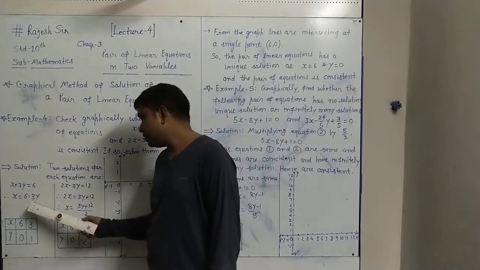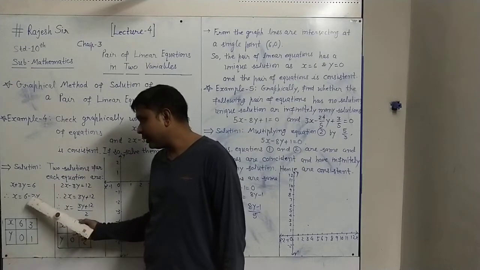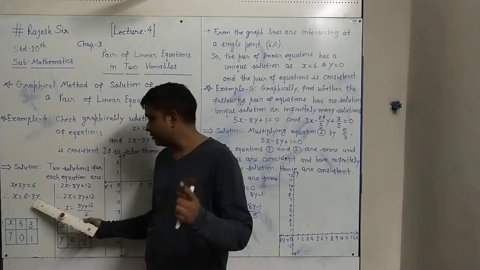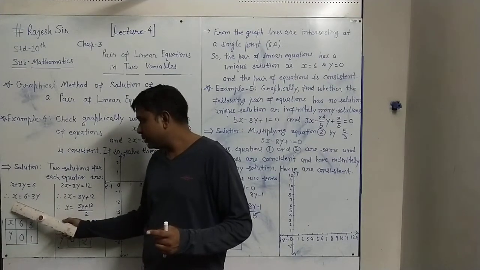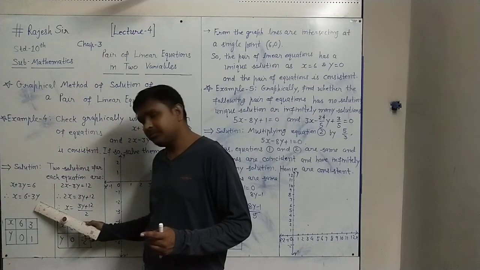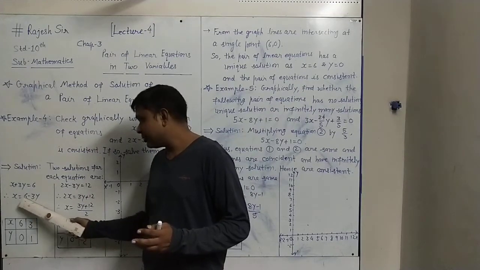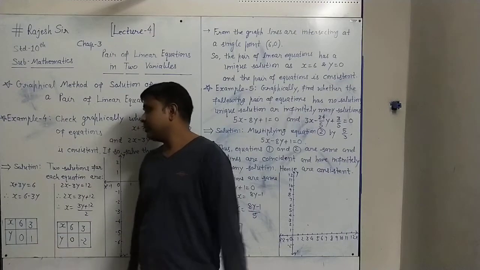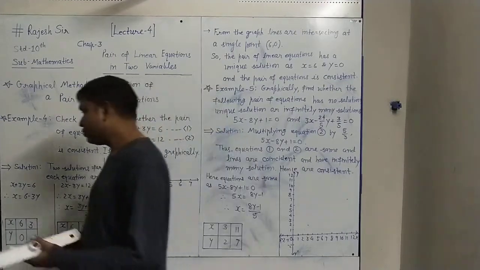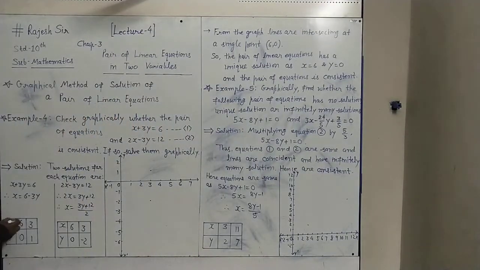The second pair of the solution: we take y equal to 1. Then x equals 6 minus 3 into 1, 3 into 1 is 3, and 6 minus 3 is 3. So (3, 1). For two values of y, we get two values of x. For y equal to 0, x equals 6 minus 3 into 0, which is 6.